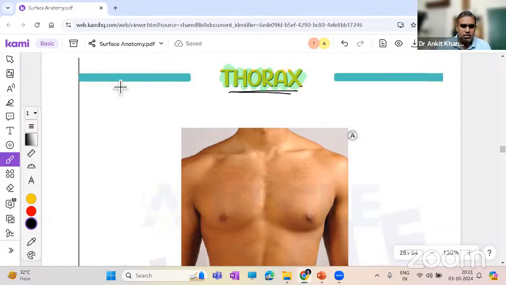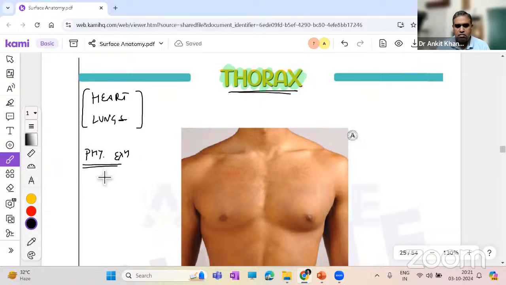For the thorax, the 2-3 main structures we all know are the heart, the lungs, and some blood vessels, along with the coverings of the heart and lungs. All these structures are mainly used for physical examination, when we listen for lung sounds, breathing sounds, heart murmurs, the walls of the heart, or cardiomegaly.